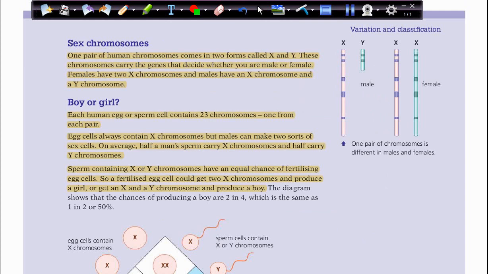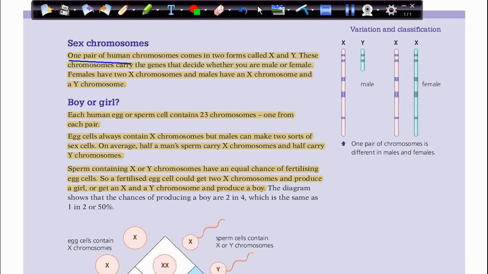Sex chromosomes. We talked about the chromosomes in general, but what about the sex chromosomes? Previously, I mentioned how the baby can be a girl or a boy. What's the difference? We talked about something called chromosome X and chromosome Y. So what are these chromosomes?